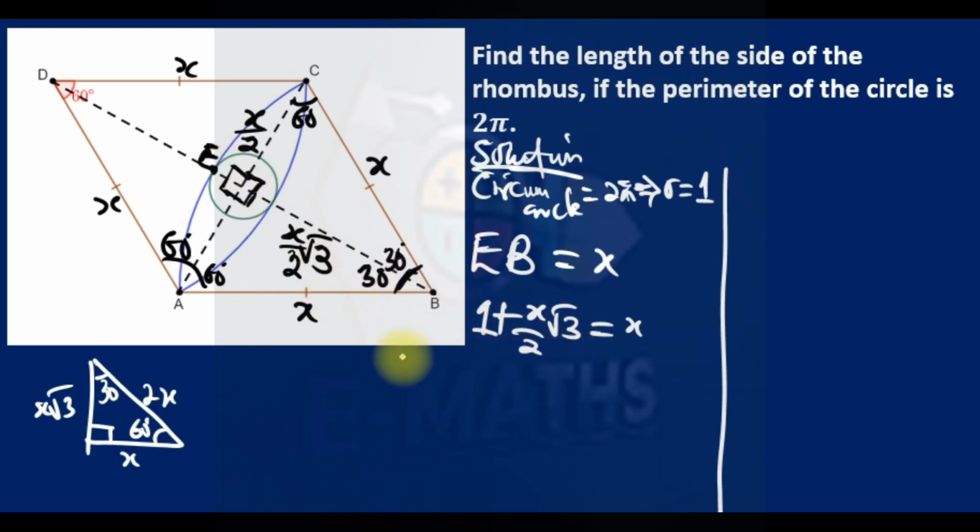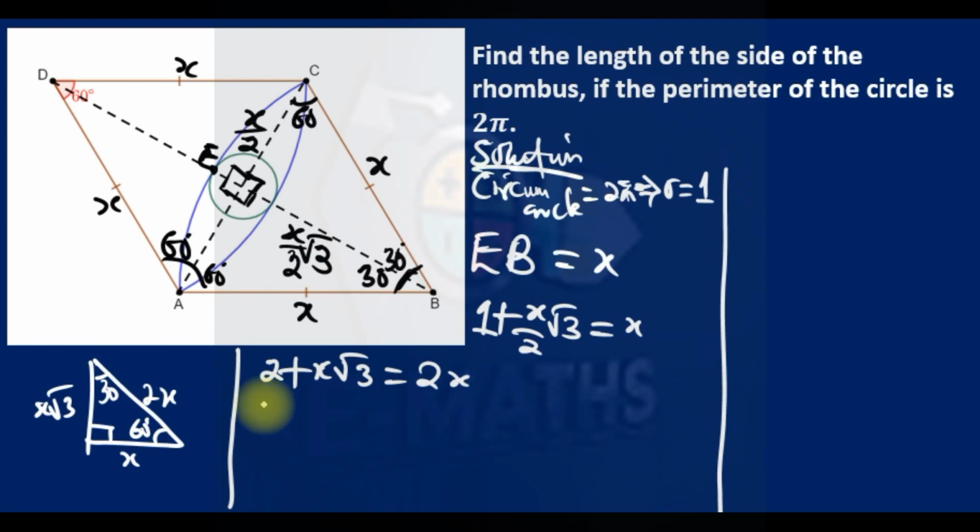So our main aim is to solve for x. So let's solve for x. Okay, let's multiply both by 2. So we'll have 2 plus x root 3 is equal to 2x. Yes. So we'll make x the subject of formula. So we'll move this to the other side.